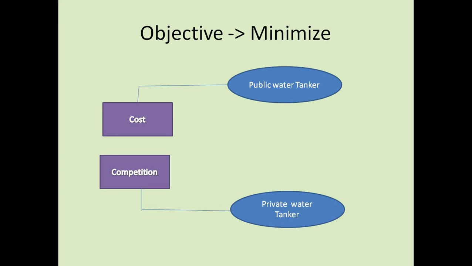When your objective is to minimize the competition, you go for the private water tanker, where the cost is more but the competition is less. Minimize competition, go for a private water tanker, which is exclusively for you. And when you want to minimize the cost, you go for a public water tanker, which is the metro water tanker. This is the thing that is achieved.